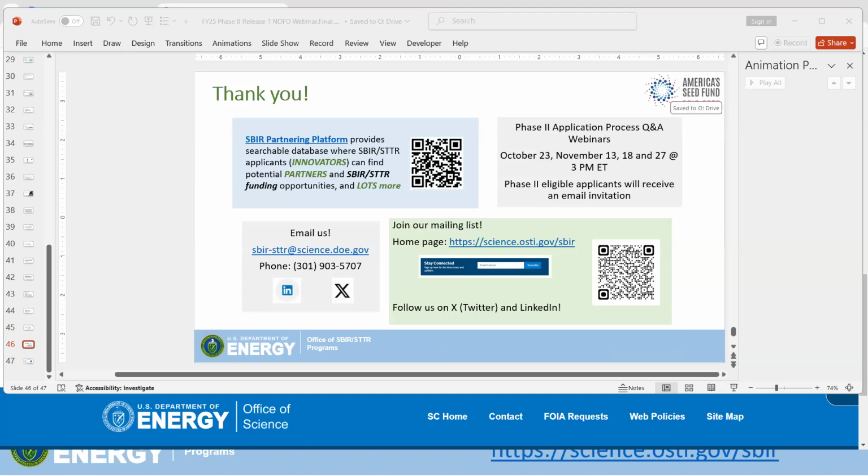You can ask us anything about your phase 2, 2A, 2B, 2C application. You will receive an email early next week. Oh wait, there's something in the Q&A. Yes, the letter of intent will be the same. It's the same process for 2A as it is for 2.